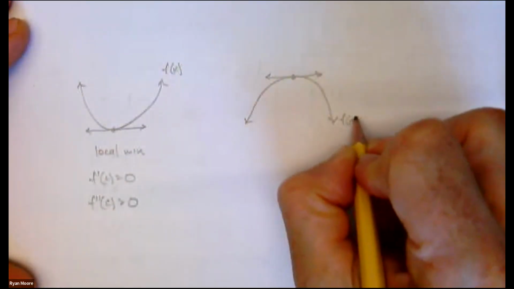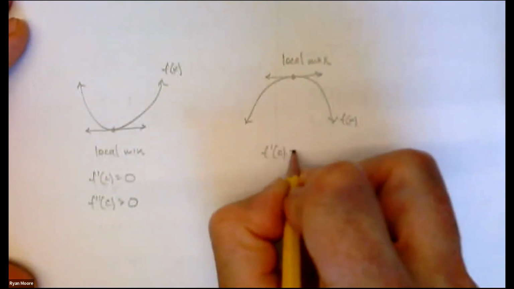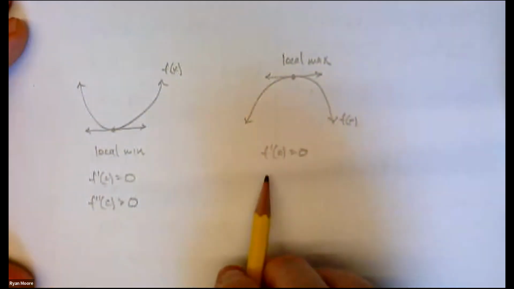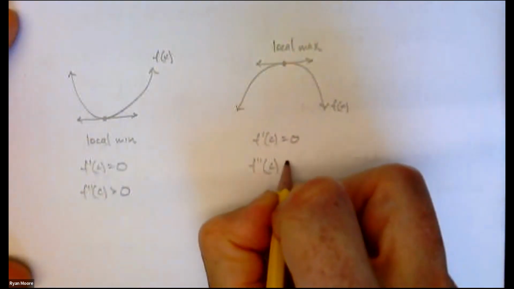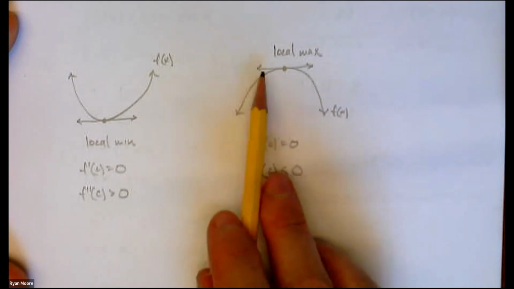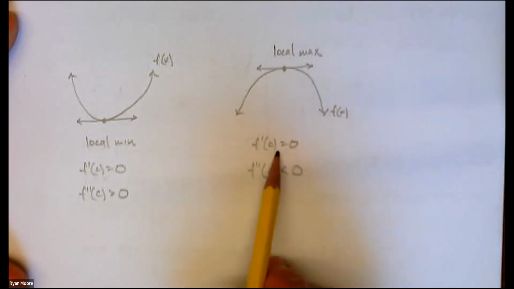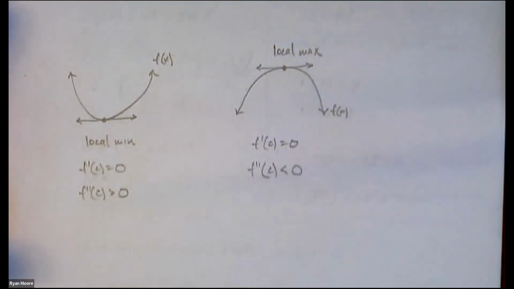This is f of x. That's where the first derivative is 0, so that tells us it's at the top. The second derivative is negative, which tells us it's concave down. So it's somewhere here, and because that first derivative is 0, we know it was the point at the very top of it.